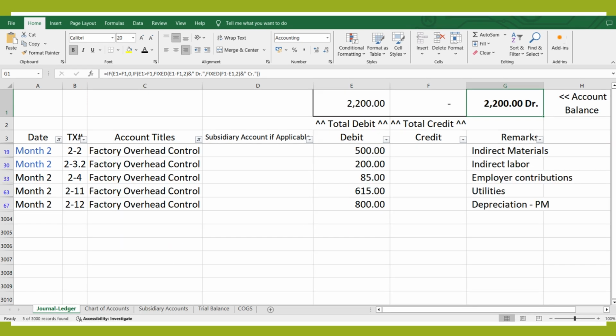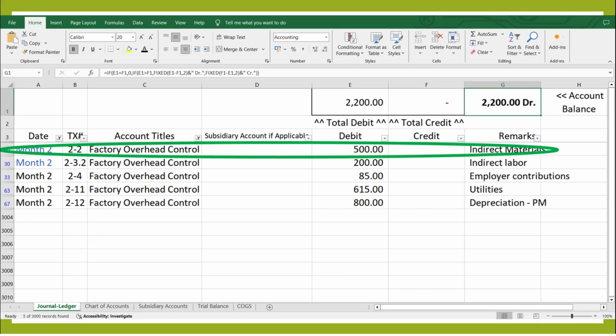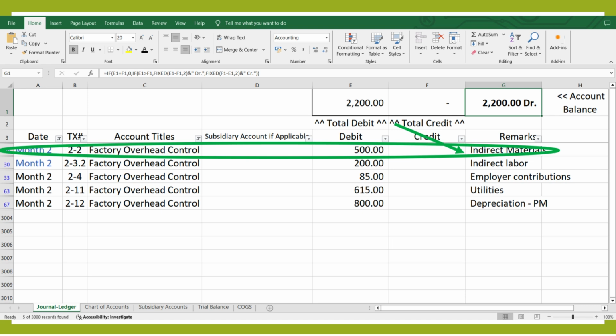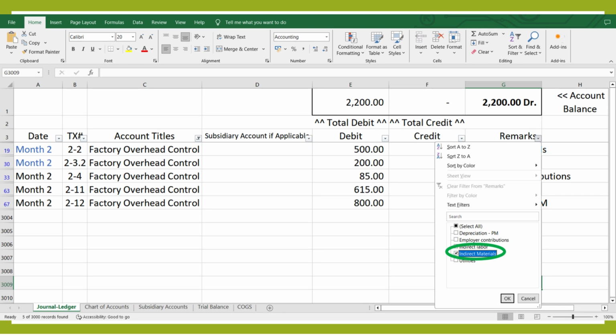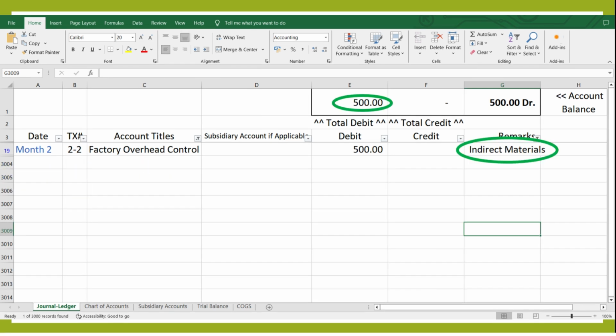Additionally, you can find it in the available subsidiary ledger for indirect materials if one exists. You may filter the remarks when necessary, especially if there are multiple transactions for indirect materials. Indirect materials used 500 pesos.